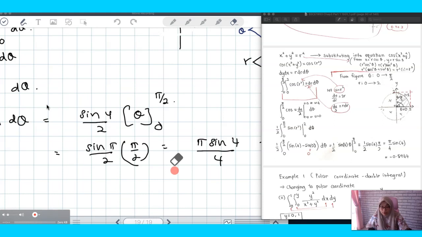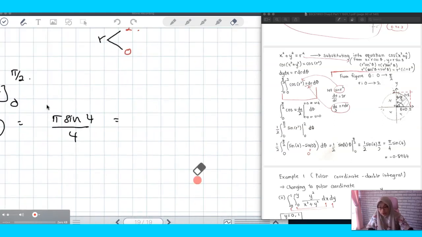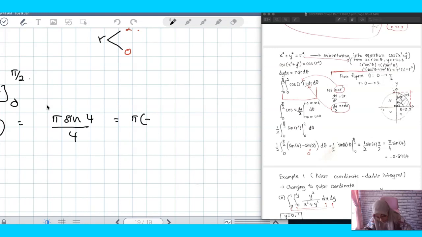When you simplify, we have this, and then you have to evaluate sin 4. Don't forget, 4 here is a number which is radian. So please set your calculator in radian mode. So pi times negative sin 4 using radian, sin 4 is negative 0.7568 in 4 decimal places.